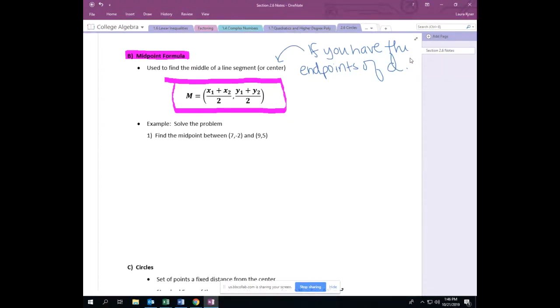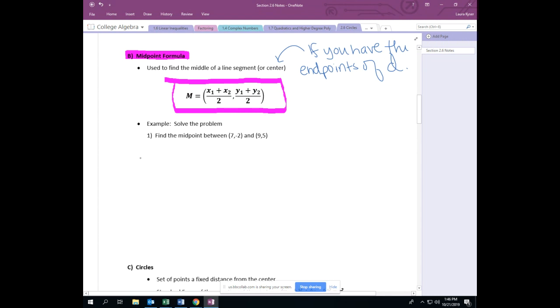And this is a pretty basic formula. It's not difficult to use. But notice what the format looks like, because it's very important that the format is correct. We are finding an ordered pair. So your solution is in parentheses with a comma in the middle, because that's the format for an ordered pair. And we want to make sure that we have this written correctly.